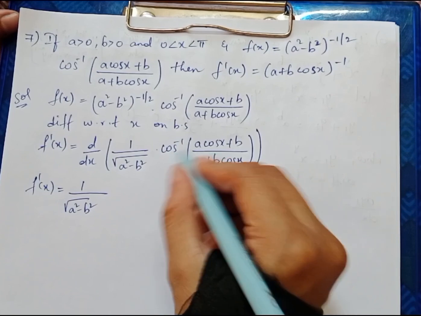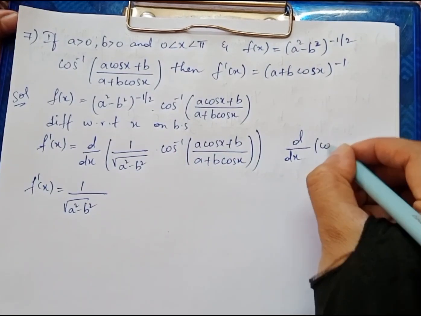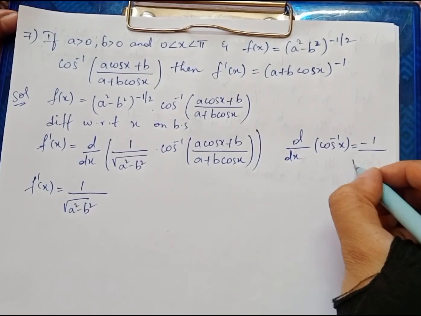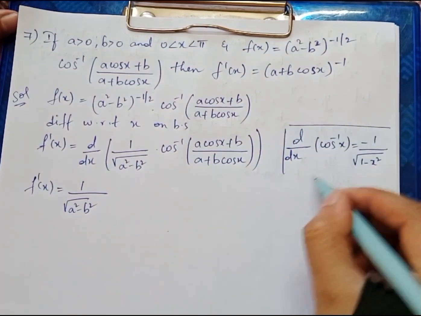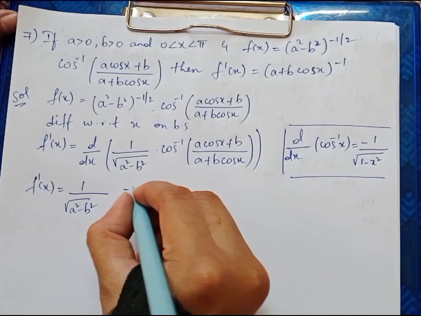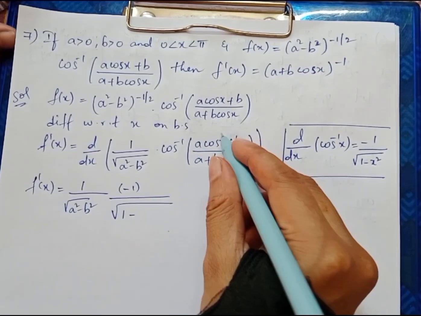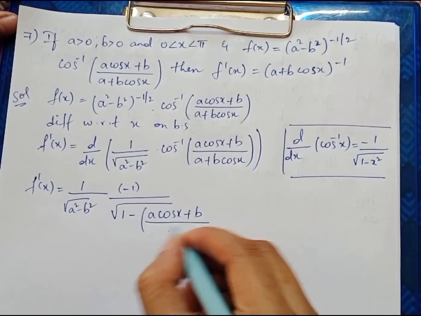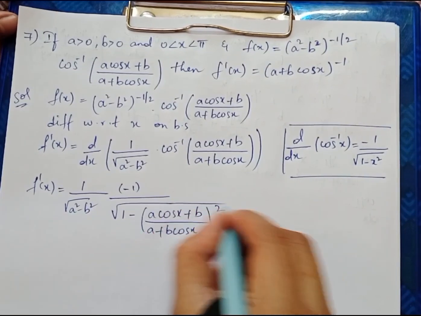Now the derivative of cos inverse x, you should remember this formula, d by dx of cos inverse of x is equal to minus 1 by root of 1 minus x square. So here this complete term is x, so we can write it as minus 1 by root of 1 minus, this is the x term, so it is (a cos x plus b by a plus b cos x) whole square.